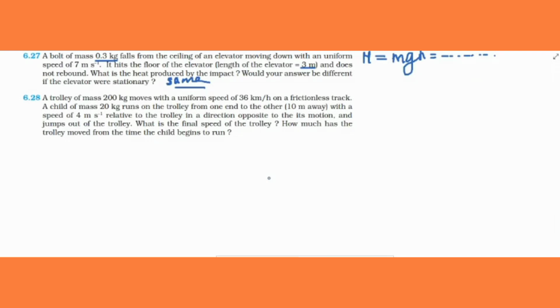Can you see question 28? A trolley of mass 200 kilogram moves with a speed of 36 km per hour, convert into meter per second, on a frictionless track. A child of mass 20 kg is on the trolley at one end, and the trolley has a length of 10 meter.